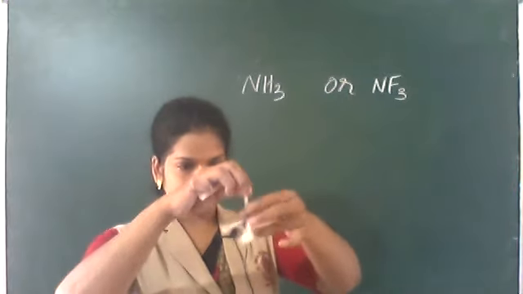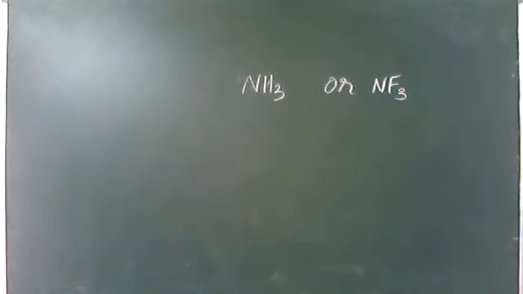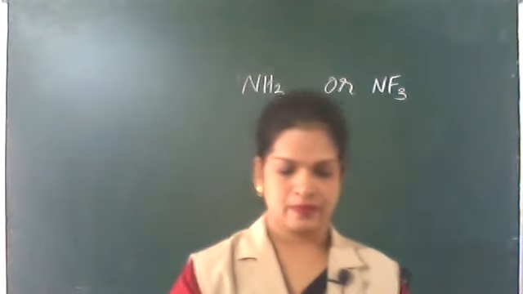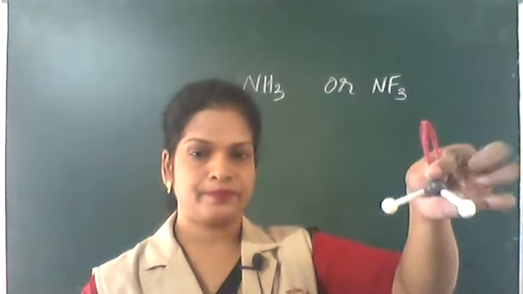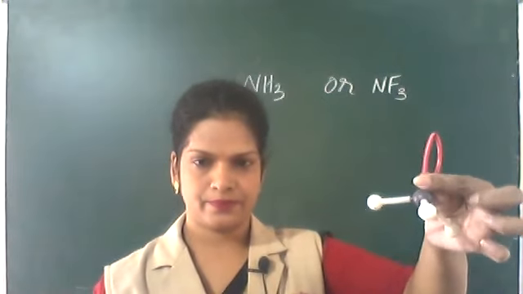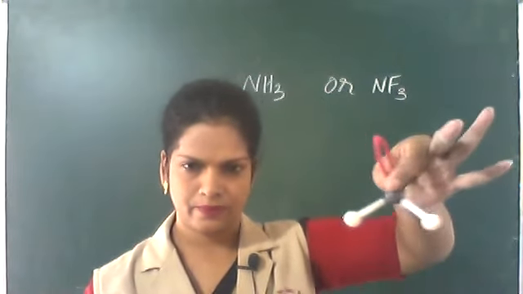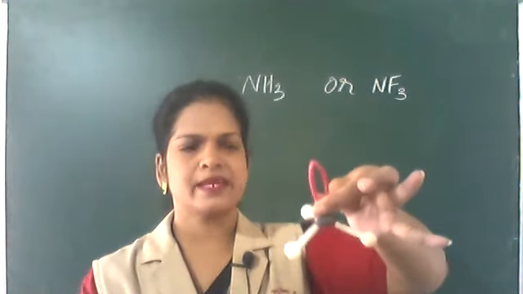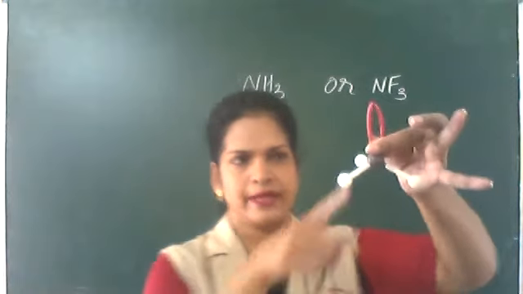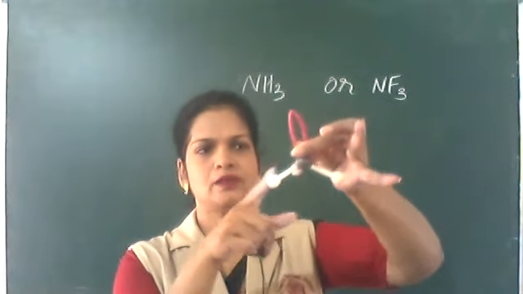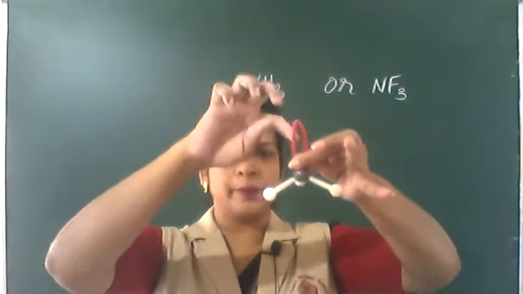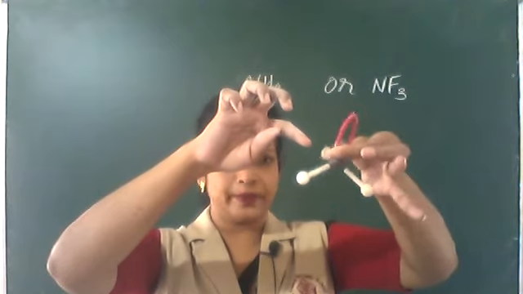In NH3, this is the shape. This is NH3 shape. Nitrogen here, hydrogen, hydrogen, hydrogen. So here there is a lone pair.